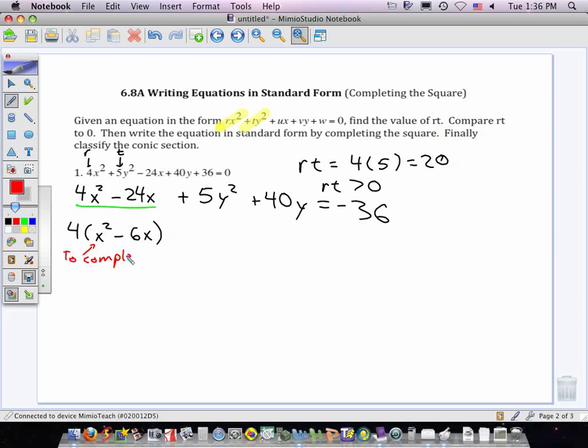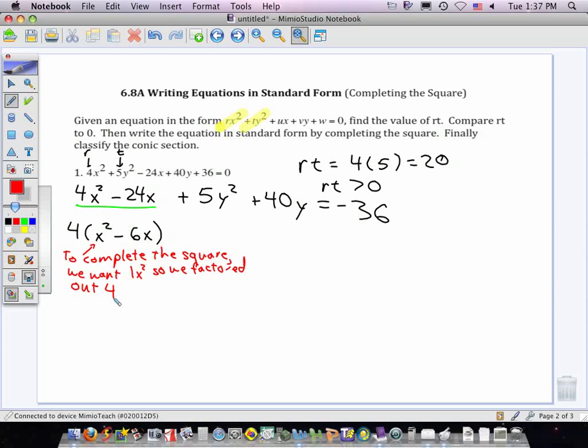To complete the square, we want 1x squared. So we factored out 4. Yes, for completing the square, the technique we learned, you always want it to be 1x squared.